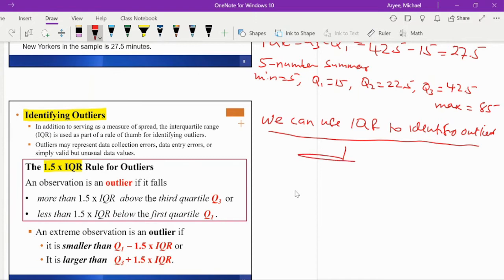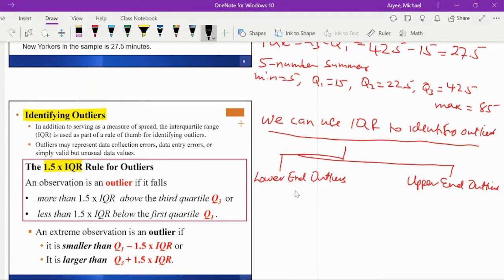In order to find outliers, we have what we call the lower end outliers, and then we have the upper end outliers. Now take note here that, for example, if I draw it here, we know this is the minimum, this is the maximum, this is Q2, this is Q3, this is Q1.